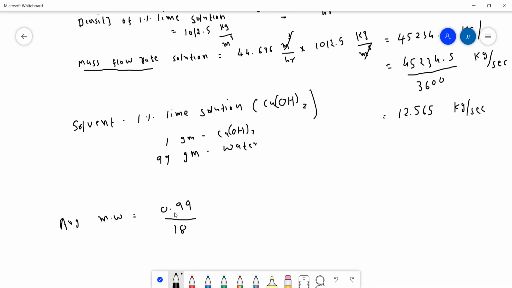Percentage of water divided by its molar mass.